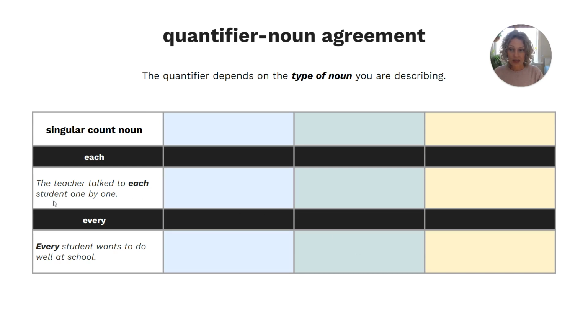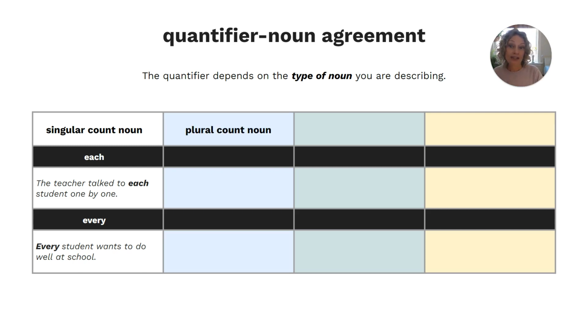So you'll see we're talking about a singular count noun in each instance. Each shows that we're looking at the singular count noun one by one, each student one by one. Every shows that we're looking at the singular count nouns as part of a group. So we're saying all of them. You could also say all the students want to do well at school. So in one, we're looking at them individually. In the other, we're considering them as parts of a whole.